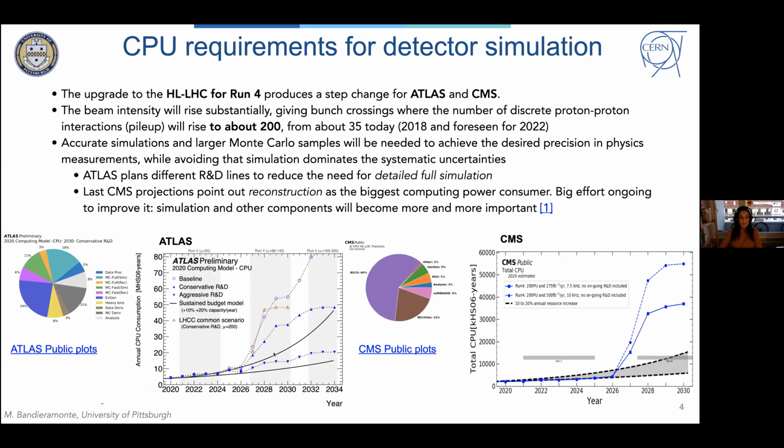And the line with the circles is a projection of the computing needs if the experiment keeps the same computing model as in Run 2. It's clearly way off the availability.